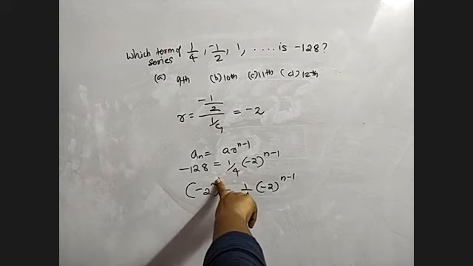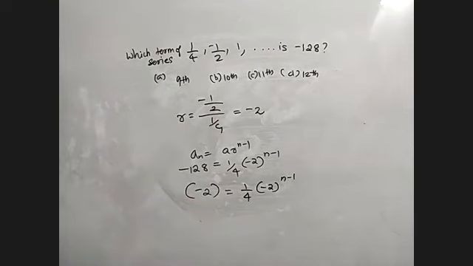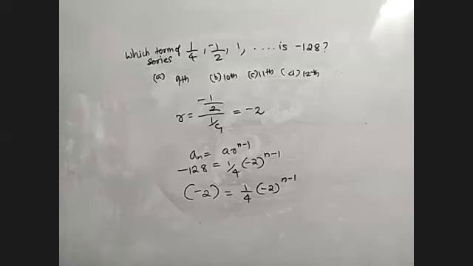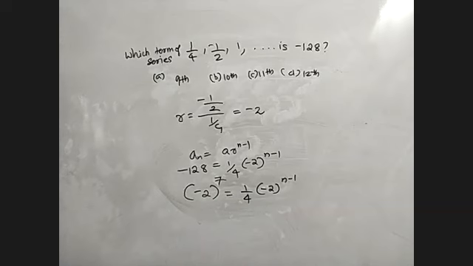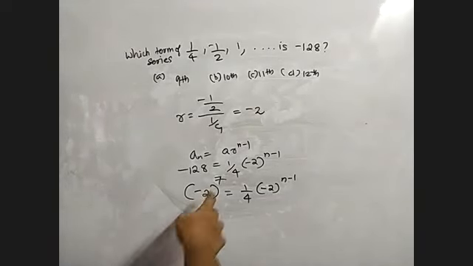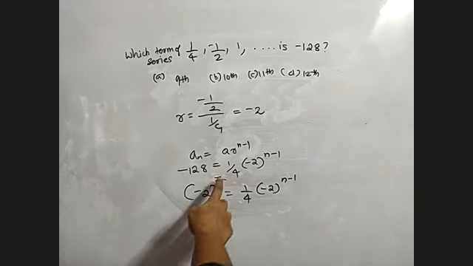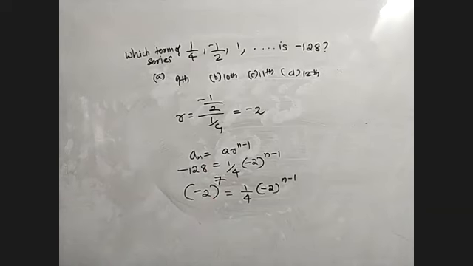Is this 2 raised to 9? 7. 2 raised to 7. Isn't it? 2 raised to 6. 8 into 8, 64, into 1 more 2, no? Okay, 2 raised to 7.